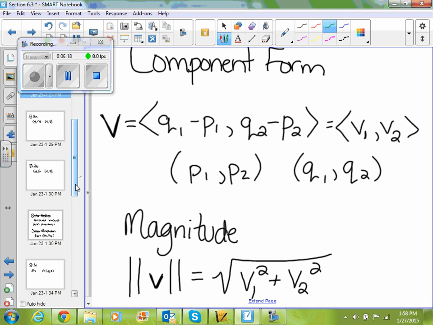So if we start by looking at our component form, you're given two ordered pairs to form your vector. Then in order to find the component form of that vector, you take your terminal point Q1 minus your initial point P1, and that's your first term. And to find your second term, you take your Q2 minus your P2.